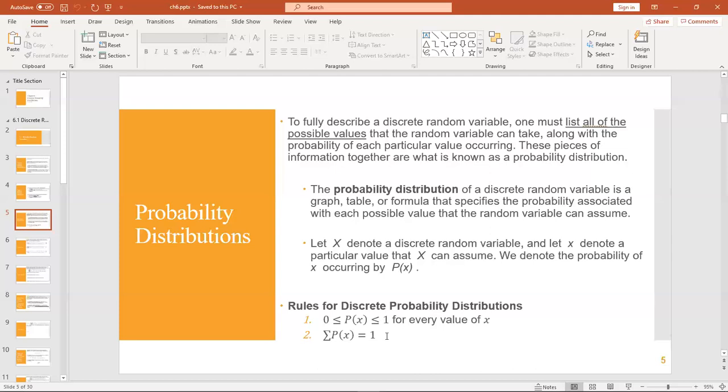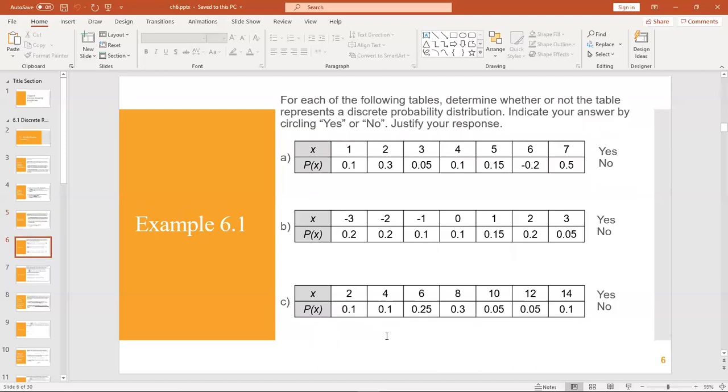If I have 60% heads and 50% tails, that's a problem because the total is 110%. I know in sports they like to say they're going to give 110%, but from a mathematician's point of view, that's not a thing.